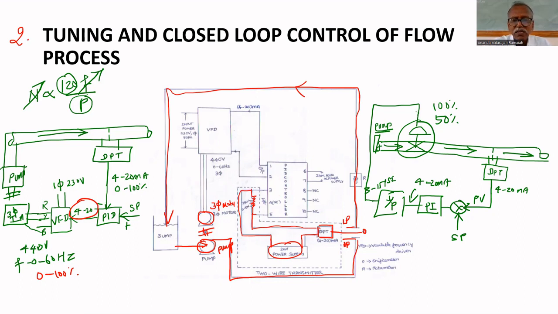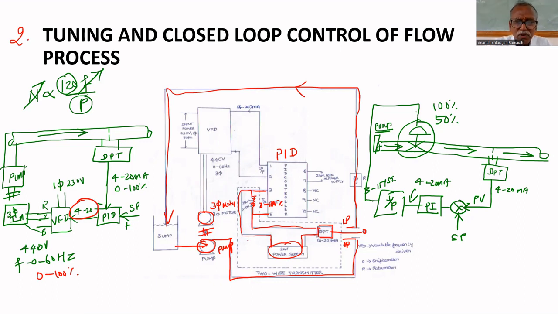So this PID controller is configured in such a way that 1 to 5 volt will be taken as 0 to 100% flow rate. This is the PID controller. PID controller you can configure like your mobile phone. You can configure any type of input. You can configure for 0 to 10 volt, for 1 to 5 volt, or for 0 to 5 volt, or the output of RTD can be directly connected, output of thermocouple can be directly connected, or you can configure for 4 to 20 milliamps like that.